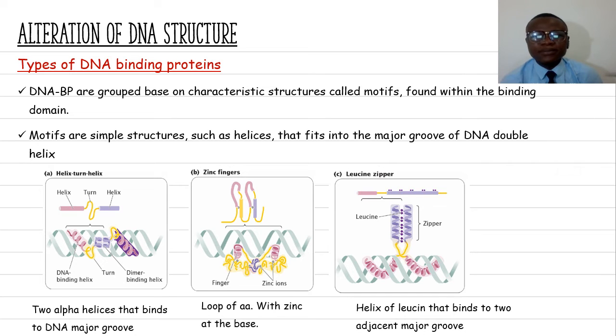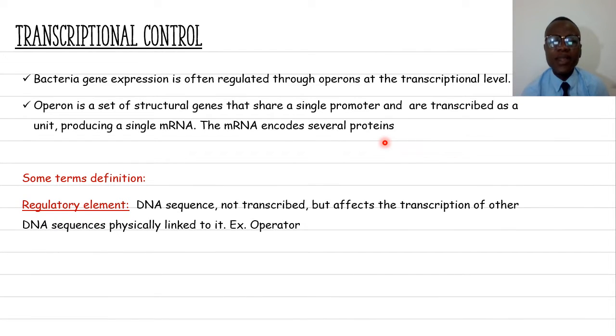Next, we look at translational control. So you understand that the alteration in the DNA structure is actually done by regulatory proteins known as DNA binding proteins. So one thing you need to remember is there are certain factors that allow for the expression of a particular gene when it comes to the DNA structure.